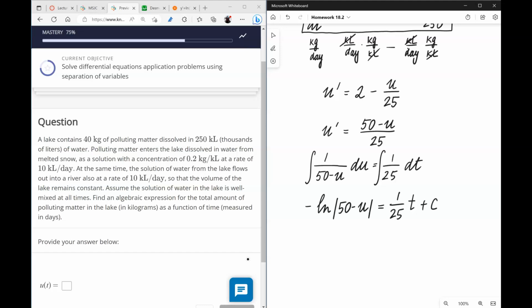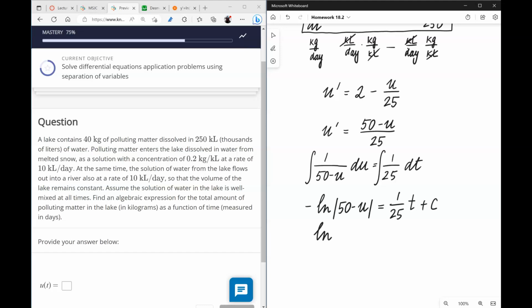We exponentiate. Sorry. Let's get rid of the negative first.